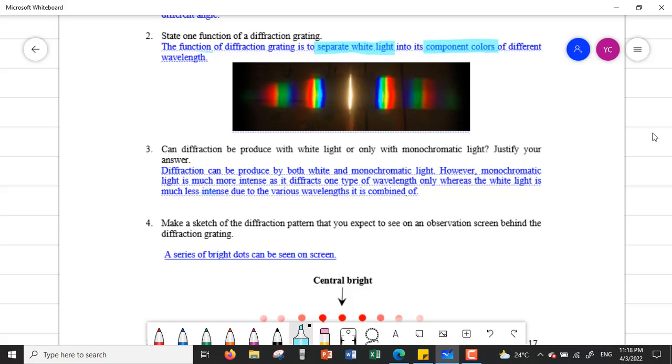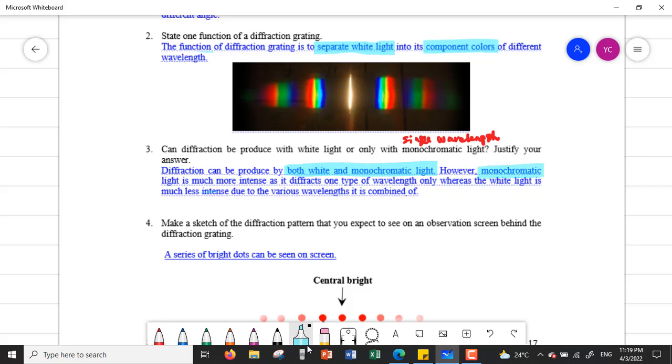Number 3. Can diffraction be produced with white light or only with monochromatic light? Justify your answer. Monochromatic refers to a single wavelength. Diffraction can be produced by both white and monochromatic light.